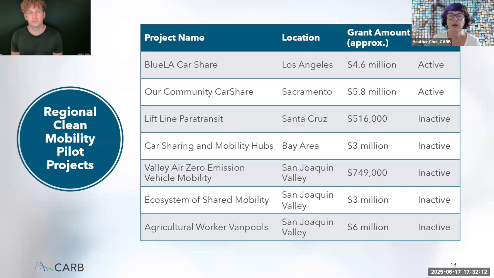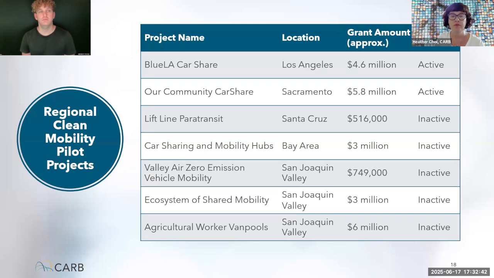Car sharing in our regional clean mobility pilot projects had a positive impact on people's daily lives and their well-being. CARB asked if the regional pilots improved priority populations' access to goods and services, such as grocery shopping, medical appointments, and other important errands or social visits. This was found to be true by a UC Berkeley study of Sacramento's Our Community Car Share.